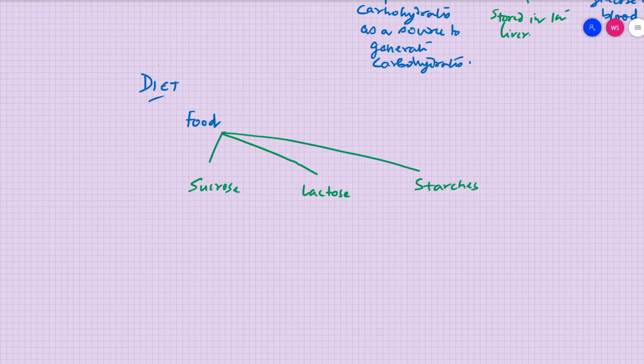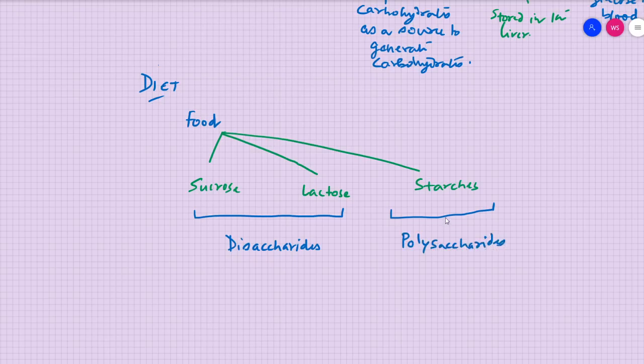So sucrose and lactose, if we think about it, they are disaccharides. Okay, and what are starches? Starches are basically polysaccharides.